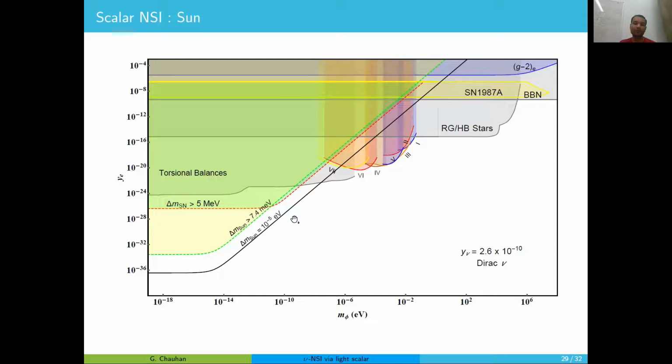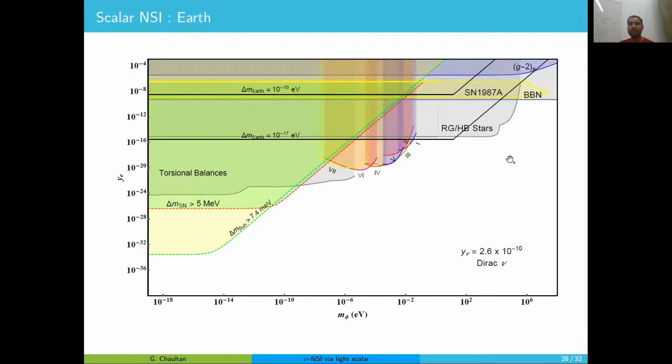So we see that for the case of sun, the highest possible scalar NSI is around 7.4 milli-electron volt if you have smaller masses and smaller couplings. But more realistically, if it lies around this side, then it will be pretty small, because you see that this is 10 to the power minus 5, and it will be around 10 to the power minus, I think, 10 or even less. So if you have any realistic chance of measuring, it would be around here.